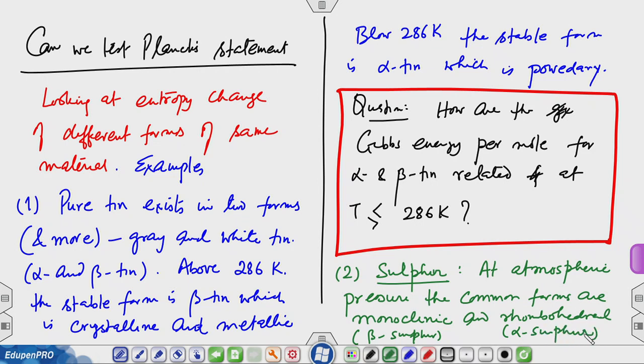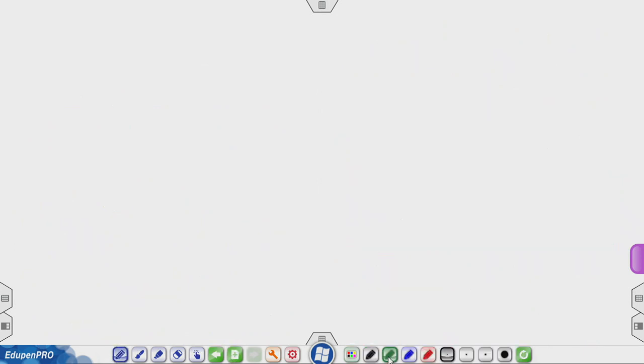So it has two forms, beta sulfur and alpha sulfur, and at atmospheric pressure which form is seen depends on the temperature.